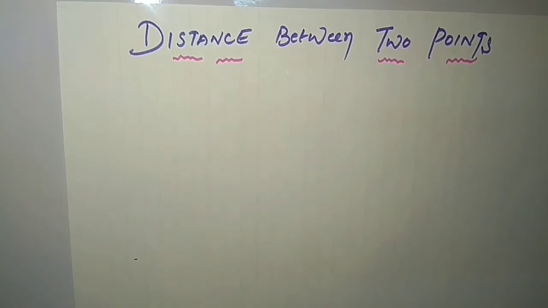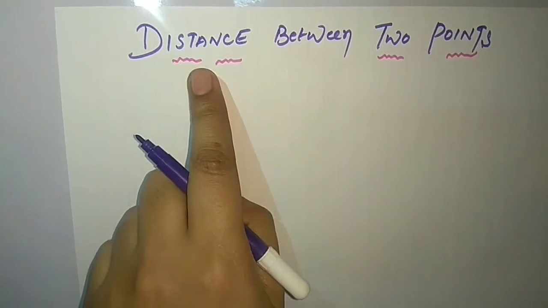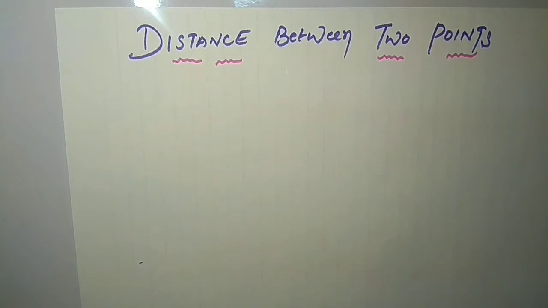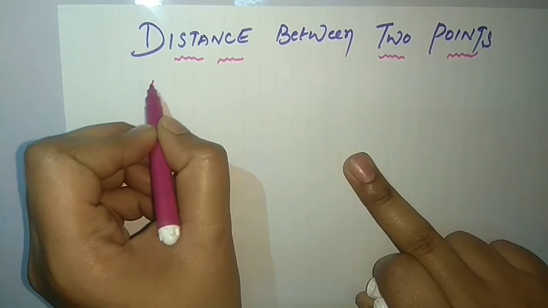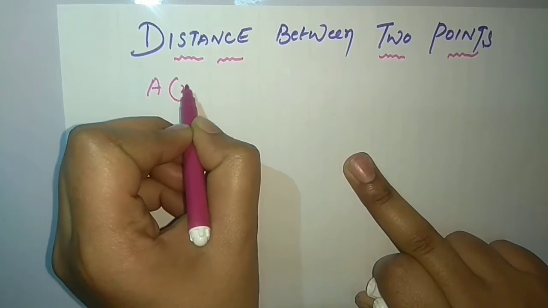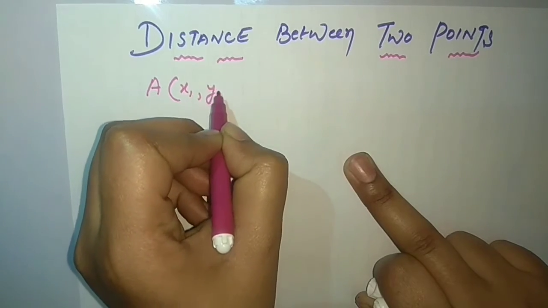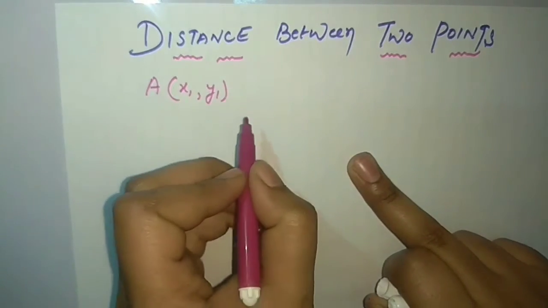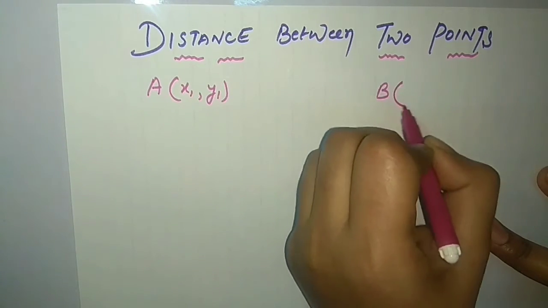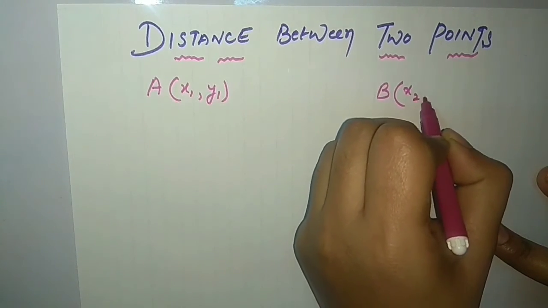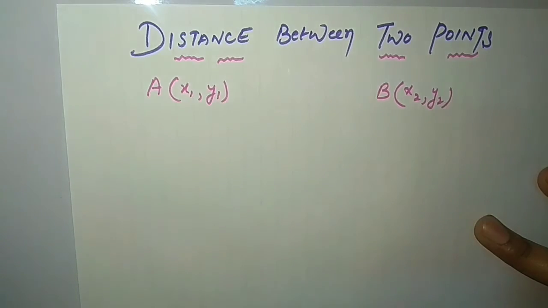In the last lecture we already discussed that coordinate geometry is used to find the distance between 2 points. Now suppose we have a point A whose coordinates are x1, y1, and a point B whose coordinates are x2, y2.